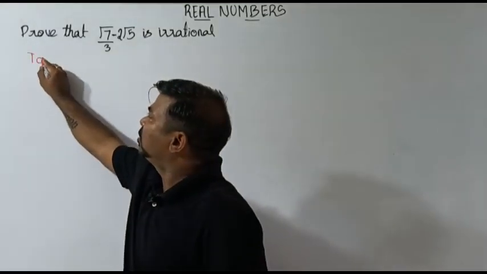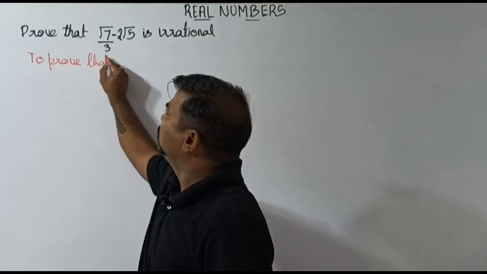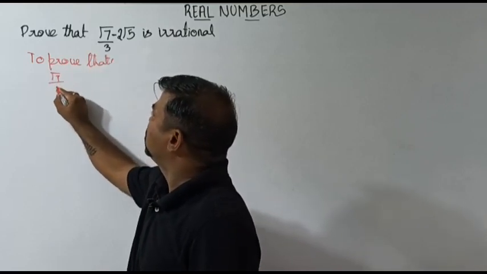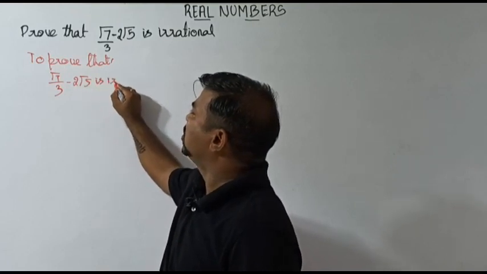What is the given question? It's root 7 by 3 minus 2 root 5 is irrational. This is what we are asked to prove. So what's my plan? Let us assume, in the contradiction method, the opposite of that.